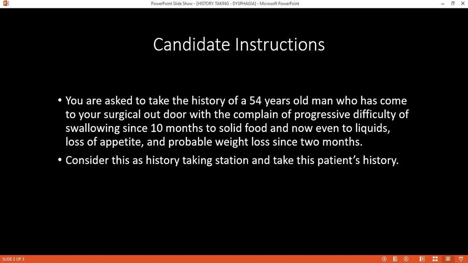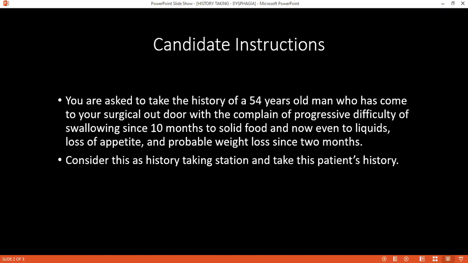I'm very sorry, sir. Sir, have you noticed any burning sensation in your tummy or in your chest after taking food? No. Have you noticed any gurgling or bad breath after taking food? No, no. Sir, as you told me, the difficulty was initially to solid food, then to liquid food.